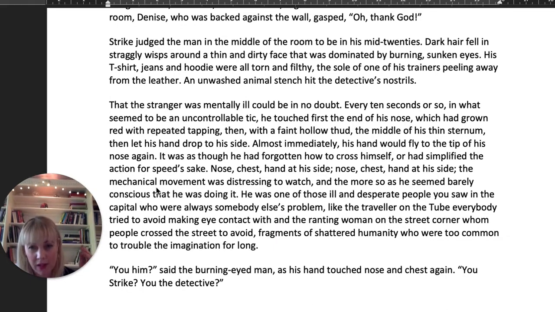So this process of narrowing narration, it's as if it zoomed in a little bit on Strike, then shifted to the character of the man in the middle of the room, and now it's really homing in on who he is, okay, and what he looks like and how he's behaving. All right, so the major shift into paragraph 3 is the behaviour. It's almost like we've got this camera zooming in on the man in the middle of the room and how he's behaving, okay?